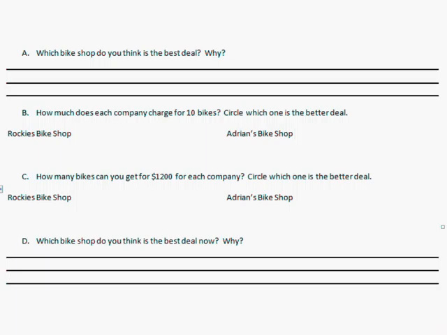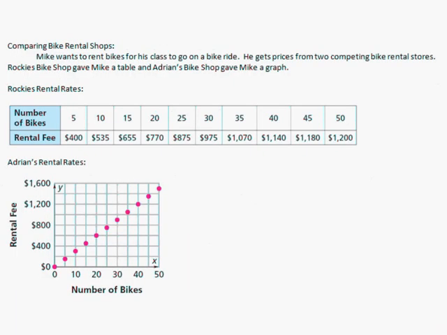Well, it depends what we're looking for. Best deal obviously means the cheaper one, because if you're getting bikes, you're getting bikes. It doesn't really change things. So let's say I want 20 bikes. 20 bikes makes sense for a class. So Rocky's charges $770, and Adrian's 20 bikes costs $600.